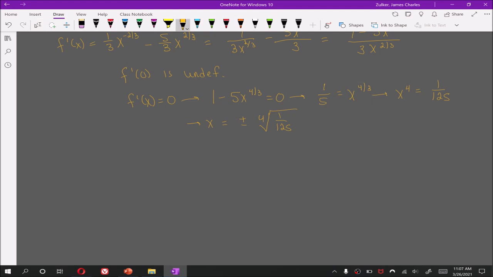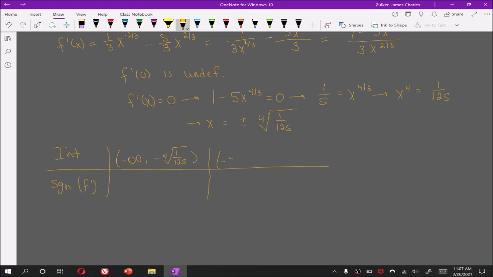I forgot 0 down there. So we have 3 critical numbers. Again, we need to divide our domain up. We'll go minus infinity to negative 4th root of 1 over 125.